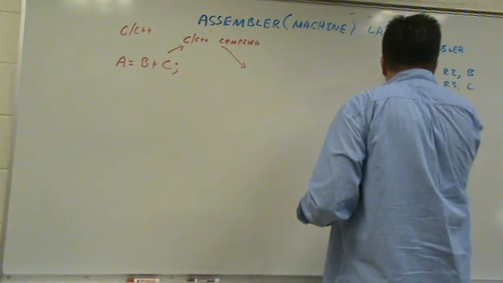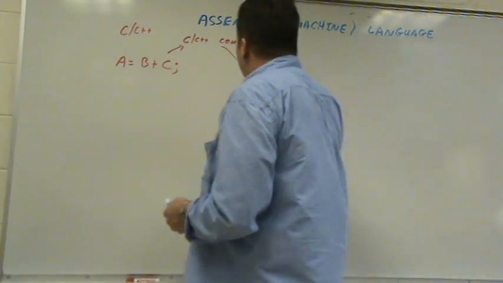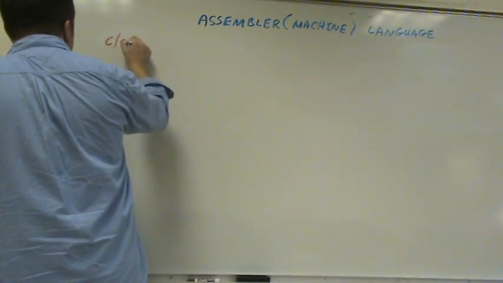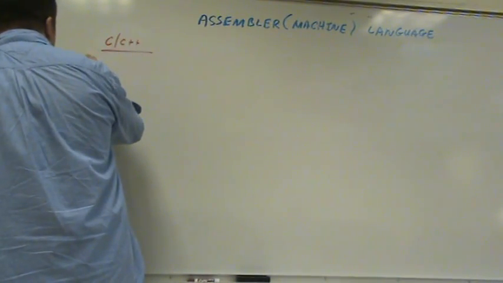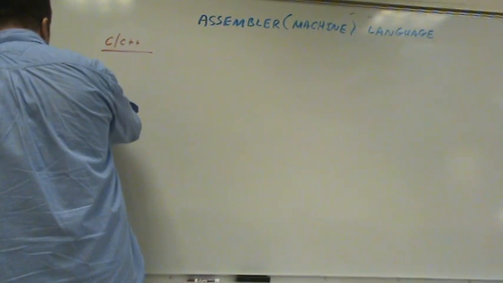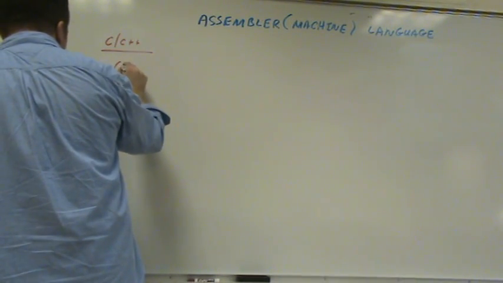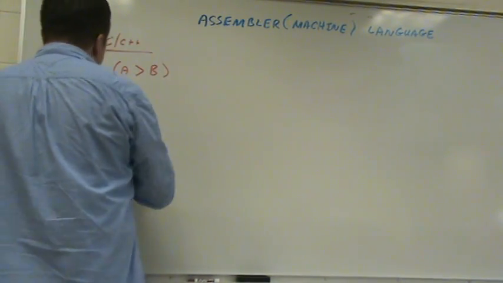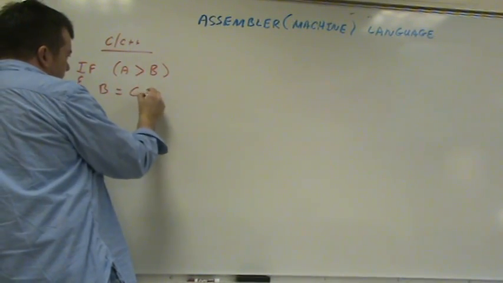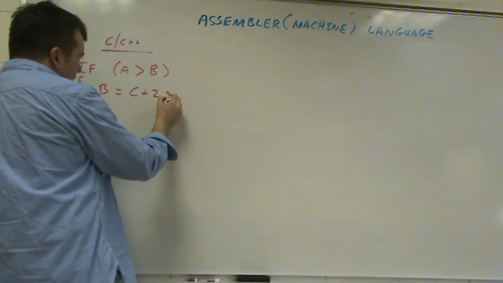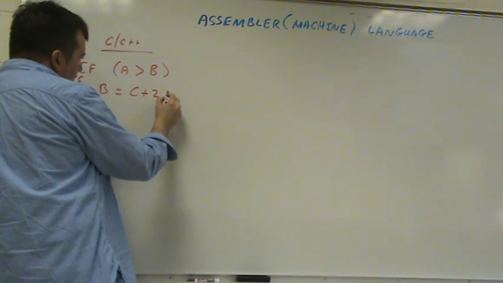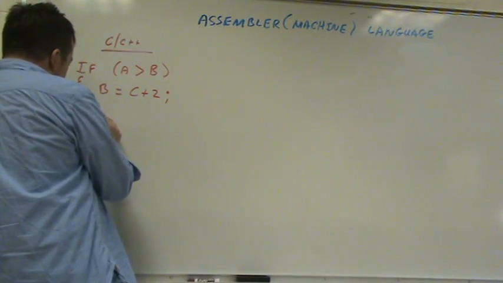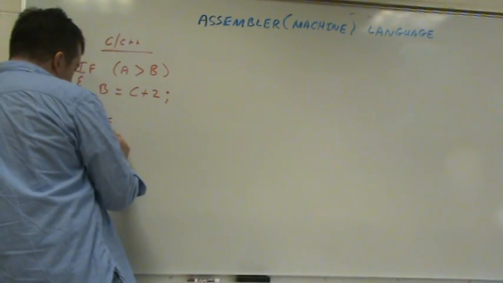So suppose we had C or C++ code that said: if A is greater than B, then B equals C plus 2, else C equals 0.